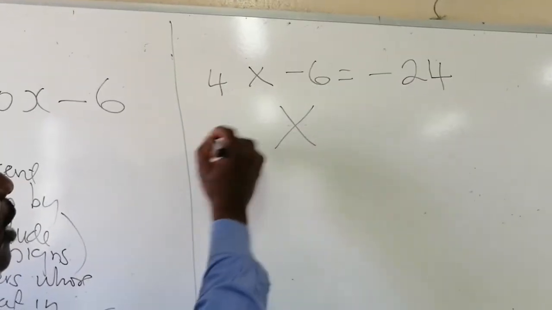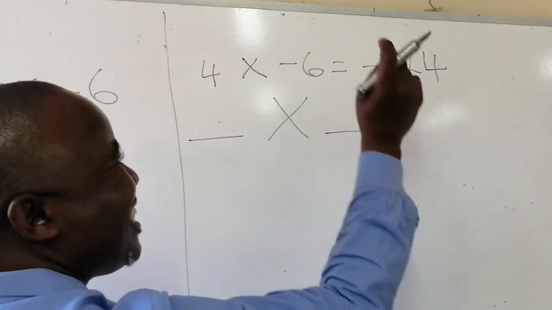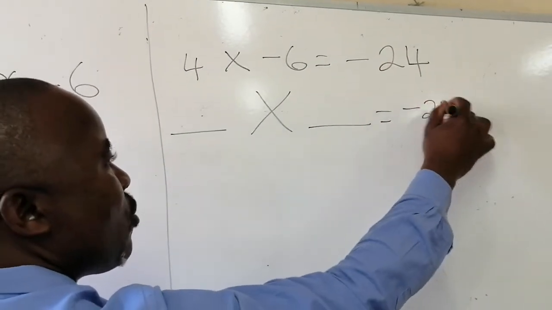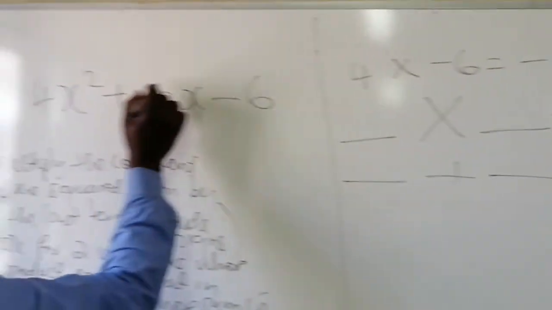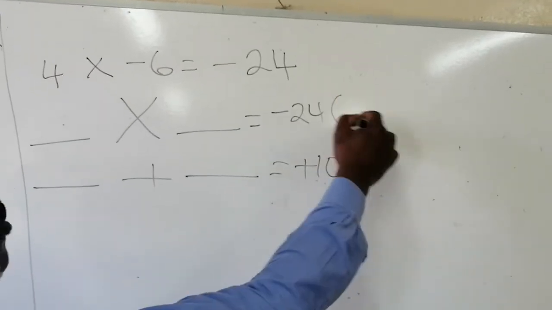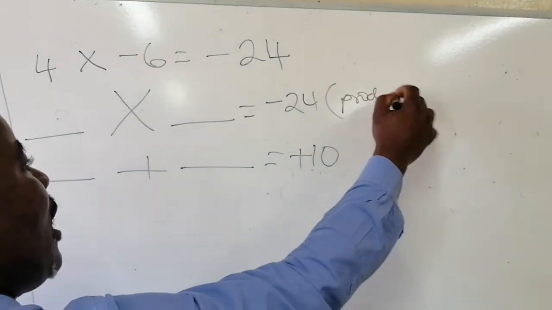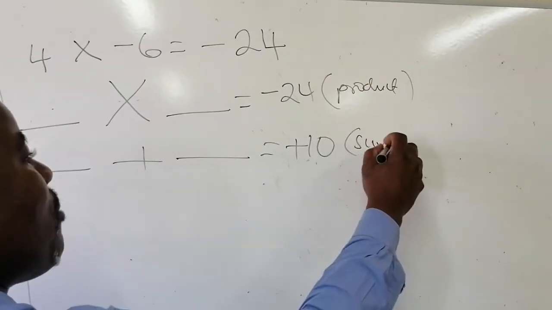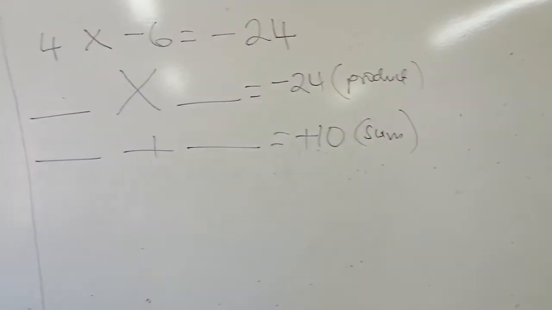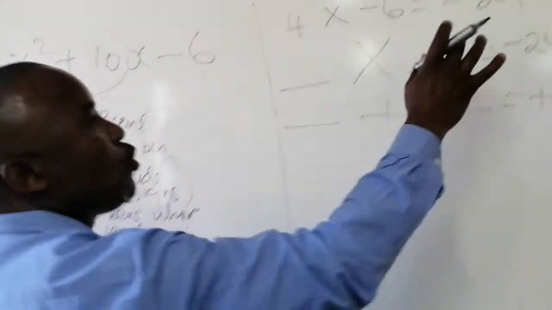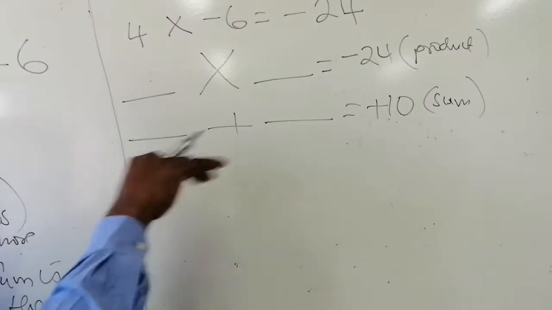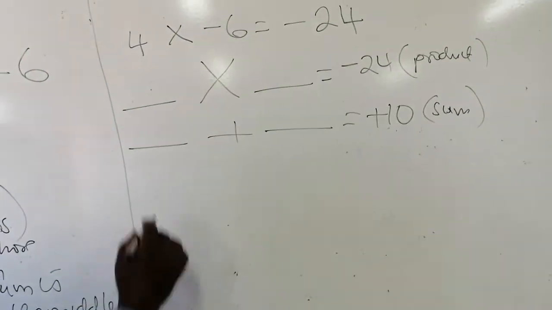Then you look for two numbers whose product is this number here, which is minus 24, and whose sum is this one here, which is plus 10. So this one is product and this one is sum. Right, so those two numbers must be factors of 24. We'll come and deal with the sign after getting the factors of 24.